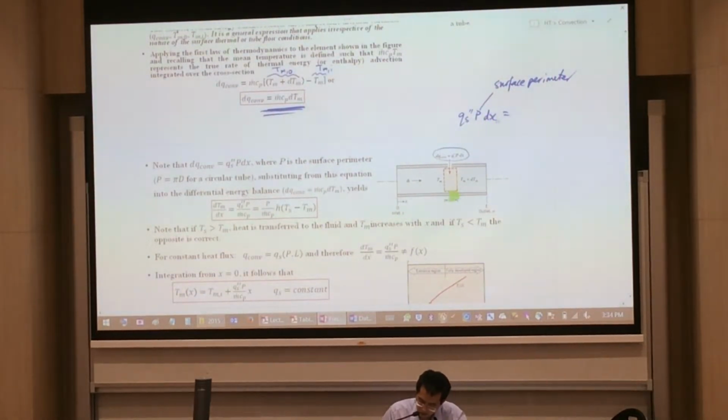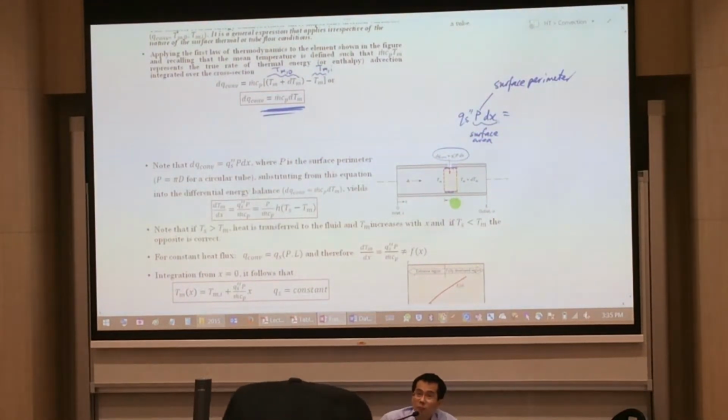And dx here is the thickness of that slice. So if you look at it, this is kind of like your surface area where heat is transferring radially into it. So this whole thing is your surface area where heat is transferring perpendicularly into the fluid. Okay?